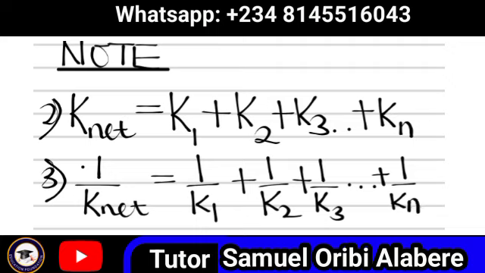Here K1, K2, K3 to Kn represent the individual stiffness of each material.